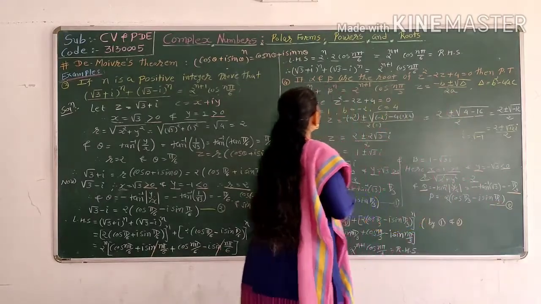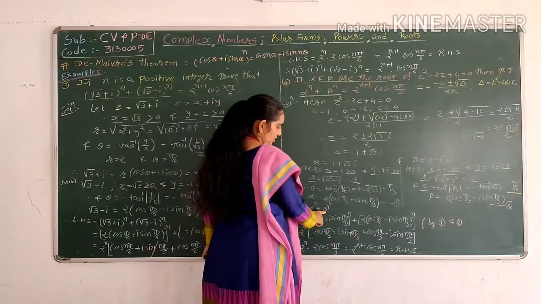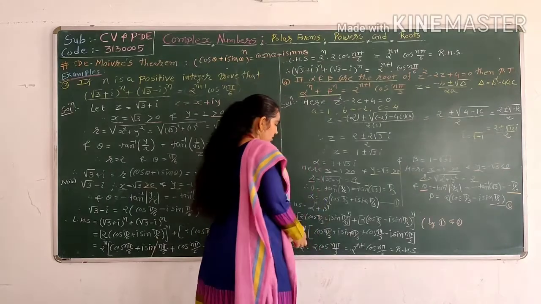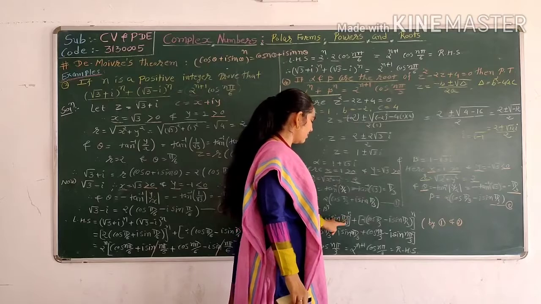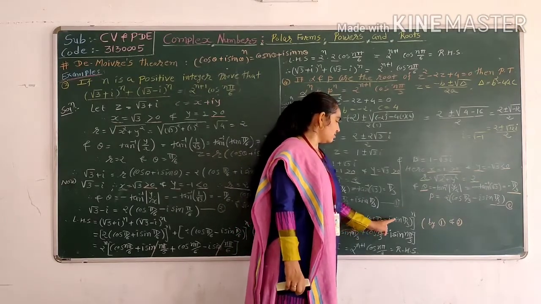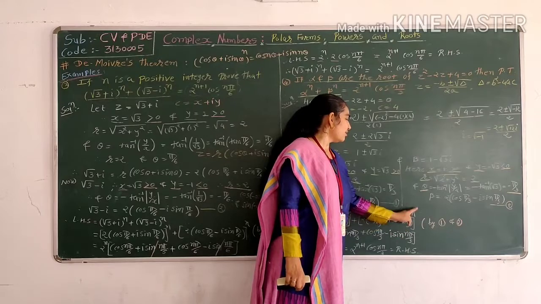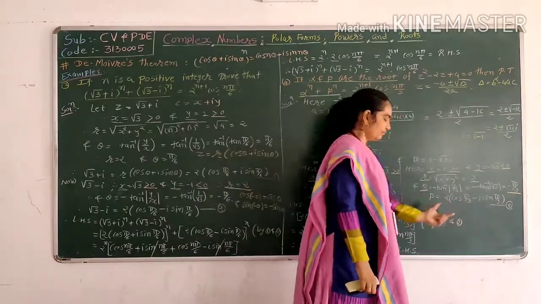Now LHS. LHS: alpha raised to n plus beta raised to n is equal to 2 cos pi by 3 plus i sin pi by 3 whole raised to n plus 2 cos pi by 3 minus i sin pi by 3 whole raised to n, by equations 1 and 2.